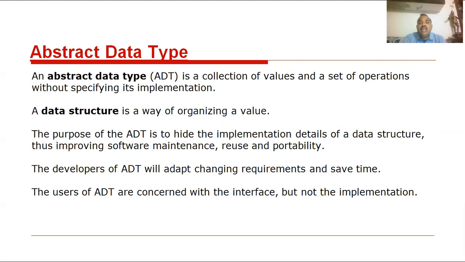The purpose of the ADT, abstract data type, is to hide the implementation details of a data structure, thus improving software maintenance, reuse, and portability. The developers of abstract data types can adapt to changing requirements and save time. The users of ADT are concerned with the interface but not the implementation.